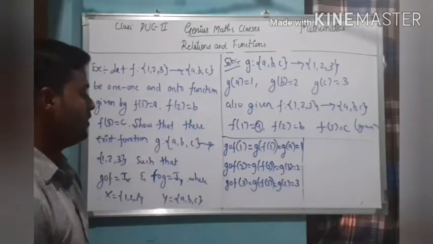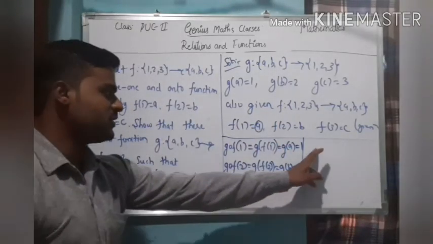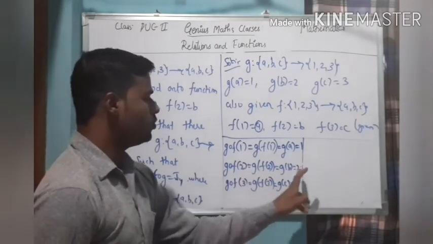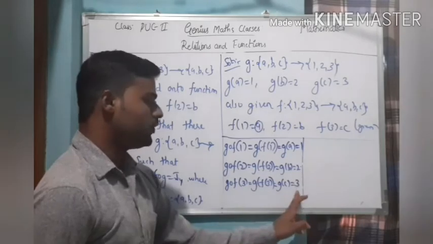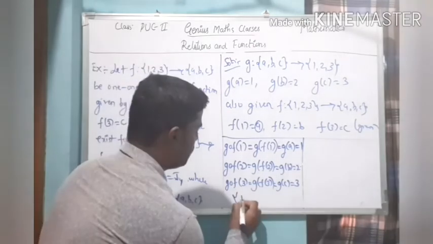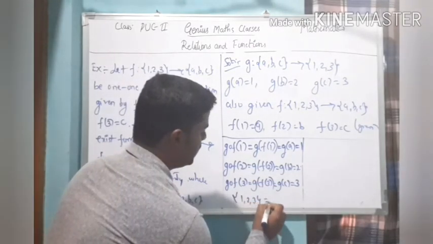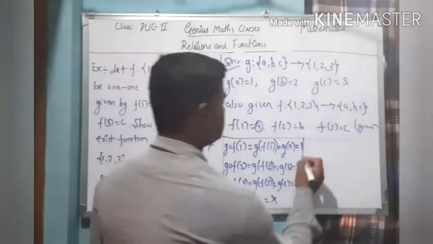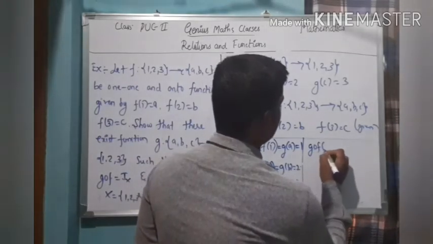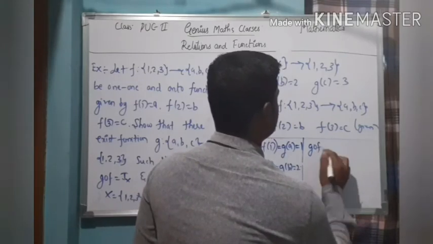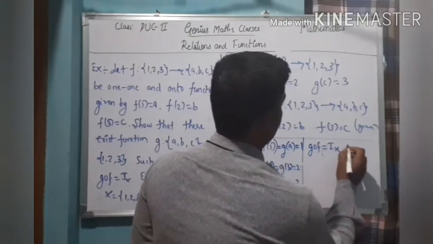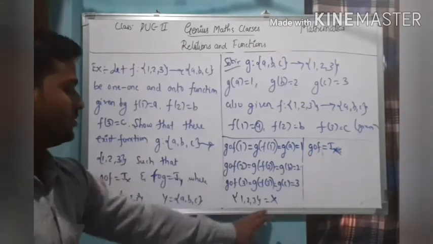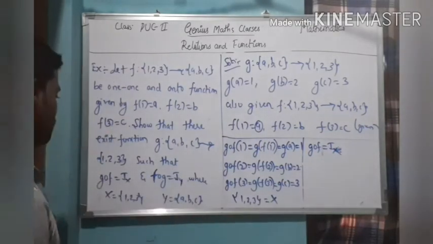For 1 you got 1, for 2 you got 2, for 3 you got 3, which is x. Therefore g naught of f is ix, the identity function on x. So this one is proved.